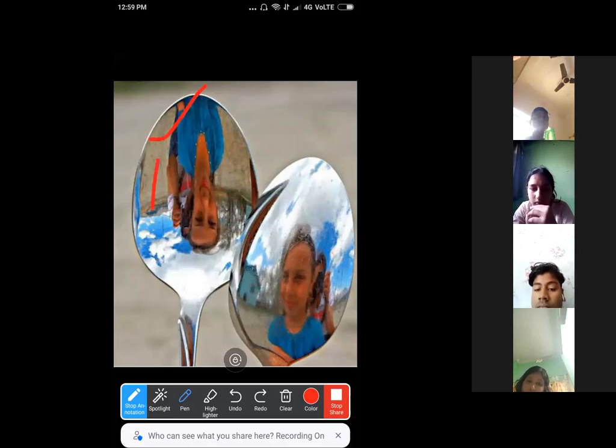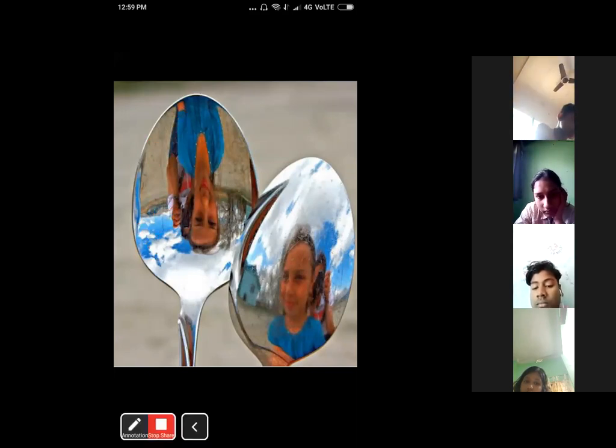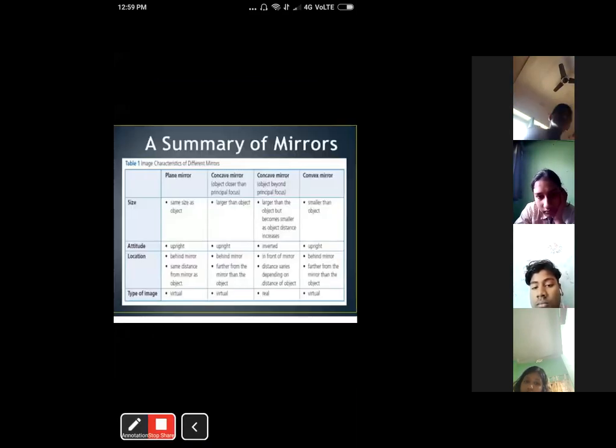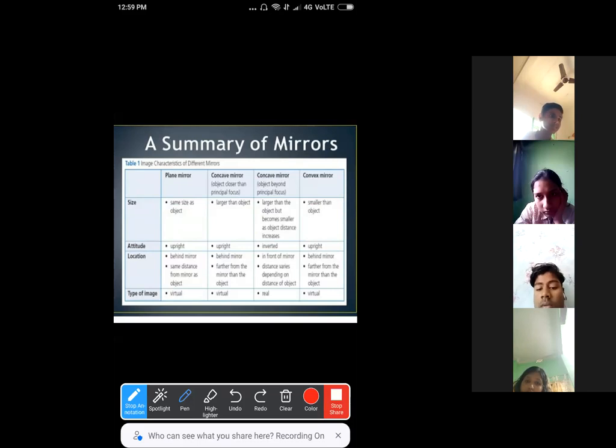So this one here, the image is inverted because the object is away from the principal focus. Now in case of convex mirror, the image is always upright, so it will never be inverted.